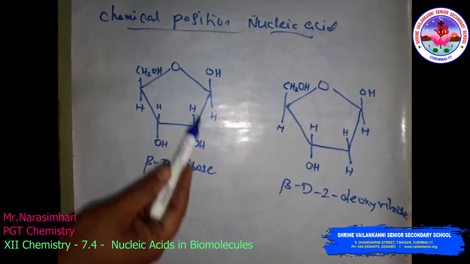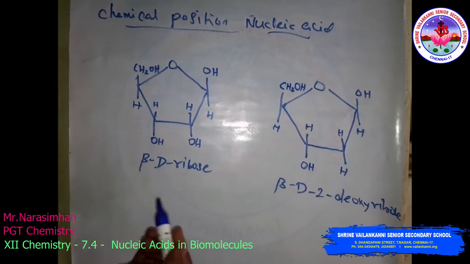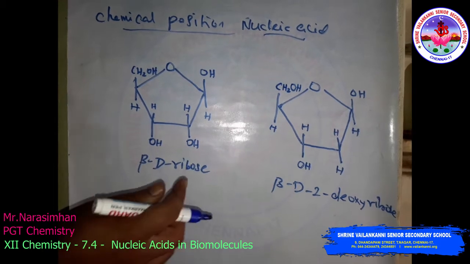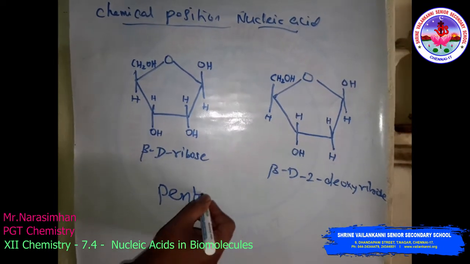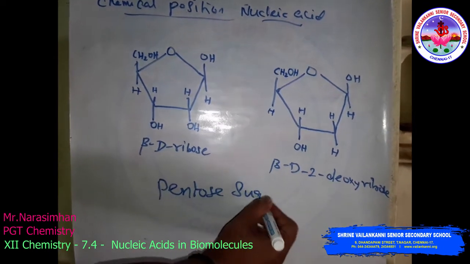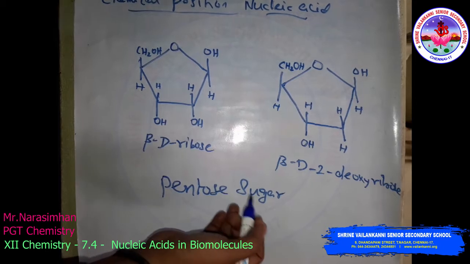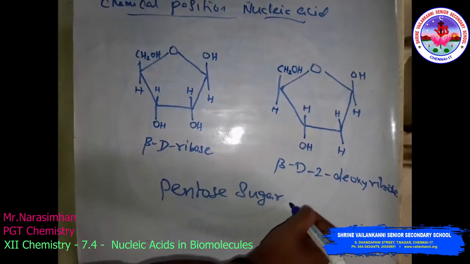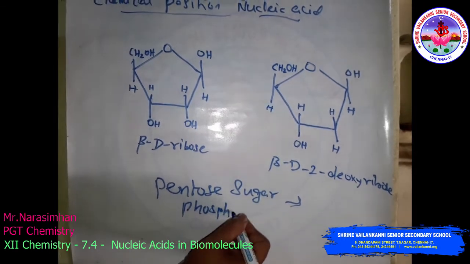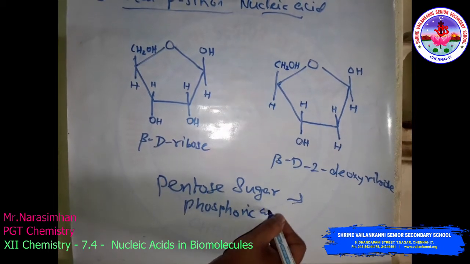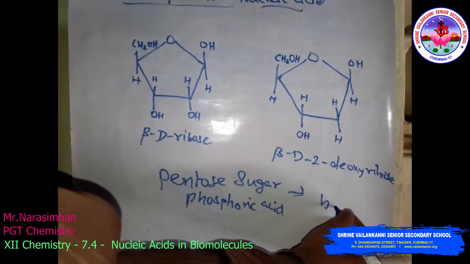The complete hydrolysis of DNA or RNA yields a pentose sugar, phosphoric acid, and nitrogen-containing heterocyclic compounds, which are called bases.